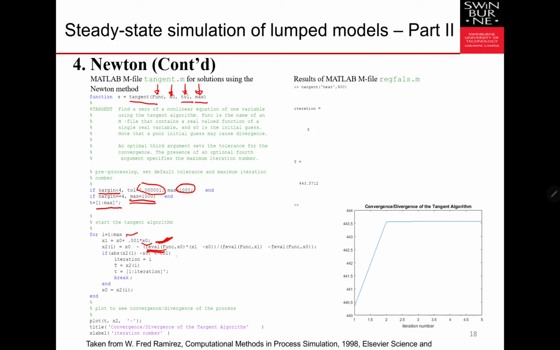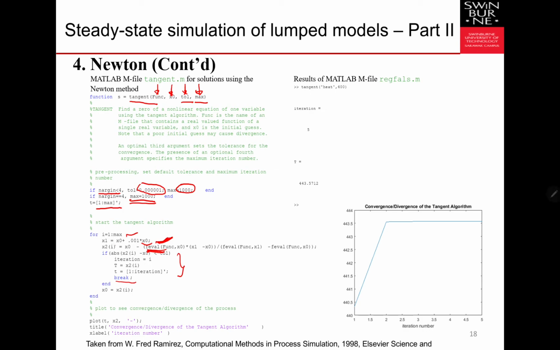Then this will carry on the iterations, and there is a break in here. I will not go through the detail here, but if you want to discuss the details of these things, then you can contact me at another time.